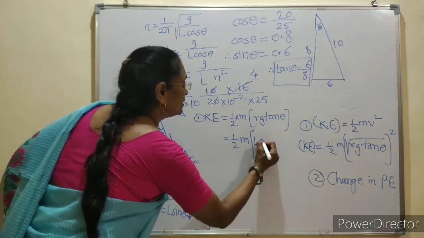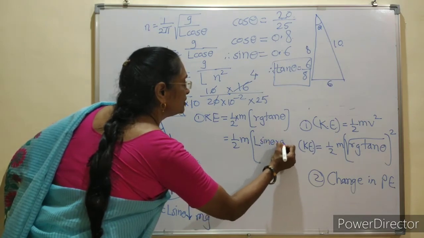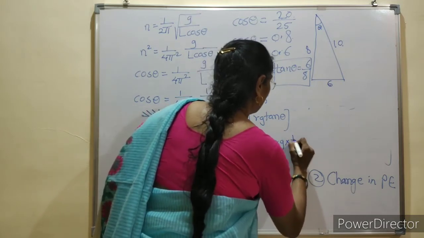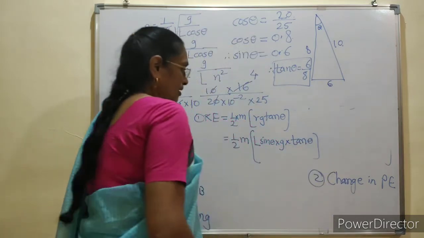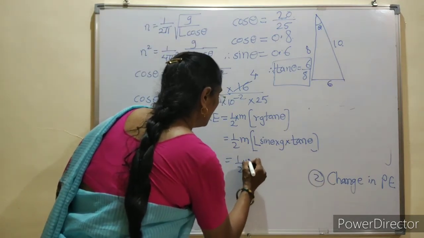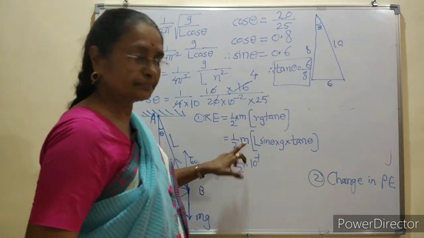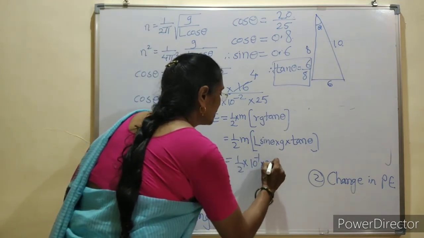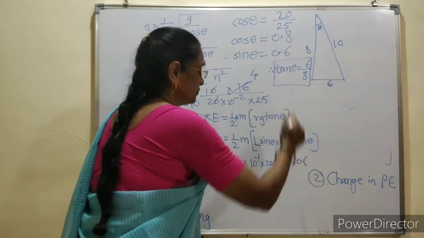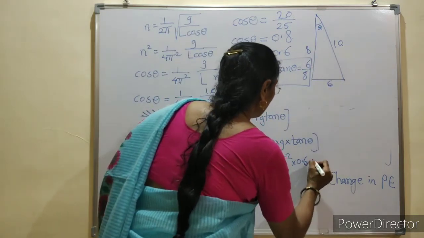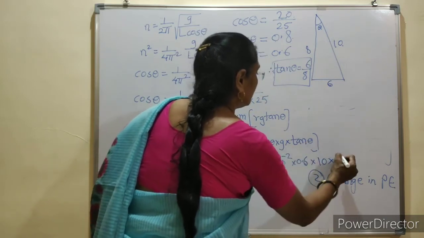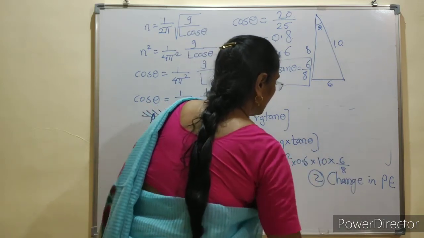We can write here L sin theta, g as it is, and tan theta, all multiplying. Now substitution gives us half into 10 raised to minus 1, which is the mass. L is 20 into 10 raised to minus 2. Sin theta is 0.6, which we have shown from the geometry of the figure. G is 10 and tan theta is 6 by 8.